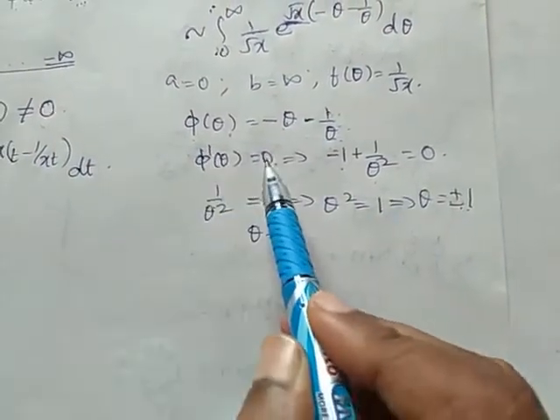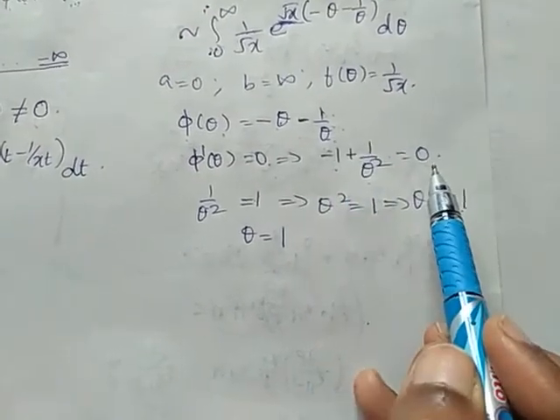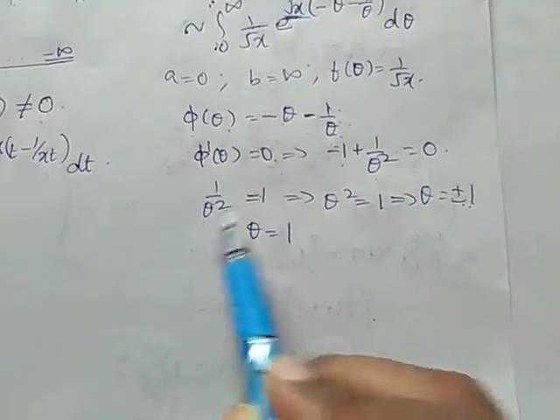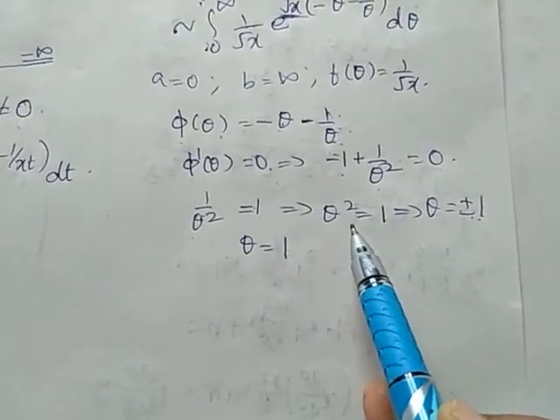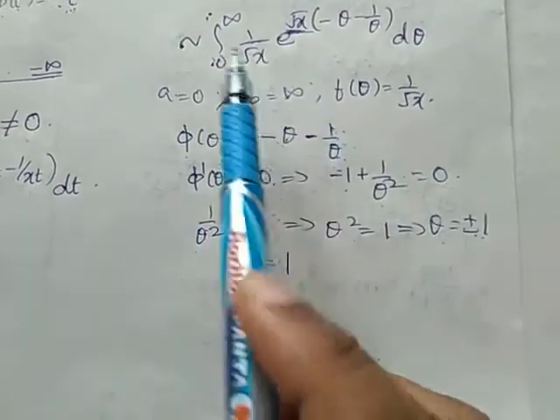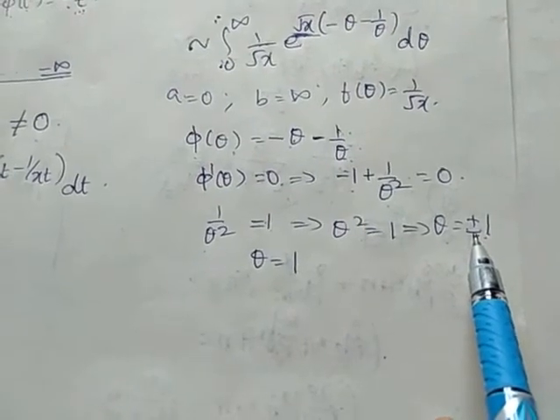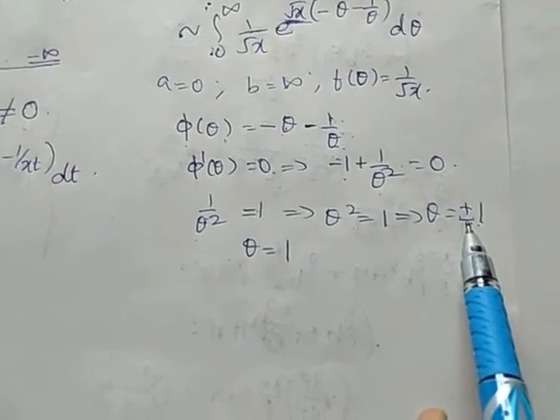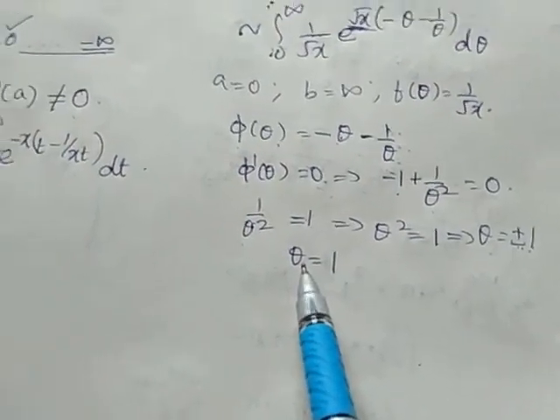So phi dash of theta is minus 1 plus 1 by theta square, equal to 0. Shifting minus 1 to the RHS, we have 1 by theta square equal to 1. Cross multiplying, theta square equals 1, so theta is equal to plus or minus 1. Our limit is between 0 to infinity. Therefore minus 1 is outside the region, so we take only theta equal to 1.